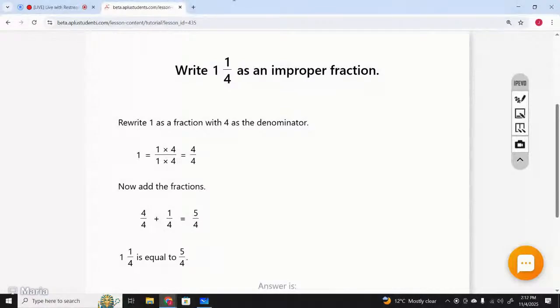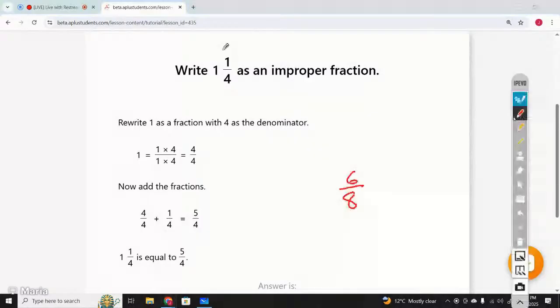So you have to multiply the whole number part, the whole number is 1, with the denominator. So 4 times 1 is 4, that is 4 by 4, right? Now we already have a fractional part that is 1 by 4. So 4 by 4 and 1 by 4. Add the numerators. 4 plus 1 is 5. That is 5 by 4. So 1 whole 1 by 4 is equal to 5 by 4.